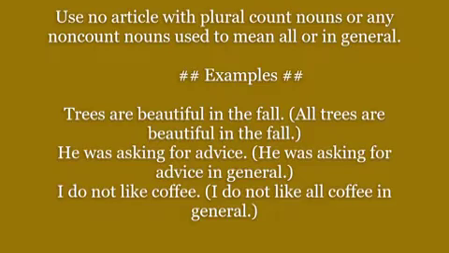Next, he was asking for advice. Here, he was asking for advice in general. Next, I do not like coffee. Here, I do not like all coffee in general.